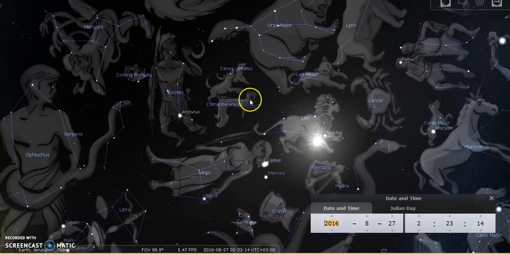But it's also represented as Coma Berenices hair, which is basically just an angle, and which, as I've stated many times before, I believe it represents the capstone to the pyramid, because this is exactly where the Sphinx is pointing to on the zodiac, right between Virgo and Leo, which is where we had this conjunction in 2016 on August 27th.